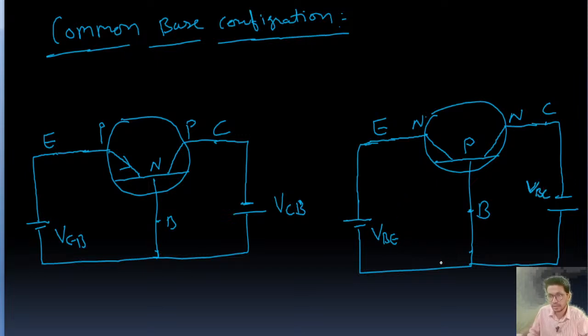Okay, so this is the NPN transistor bias for common base, the common base NPN configuration.